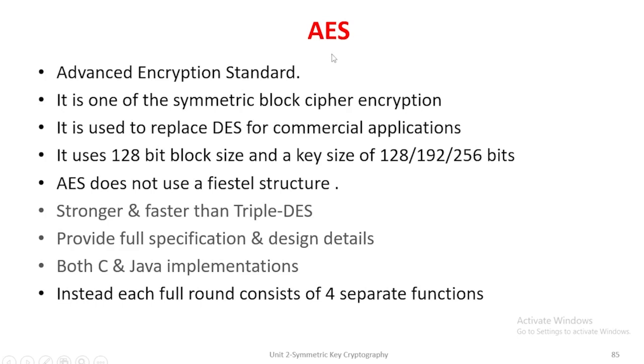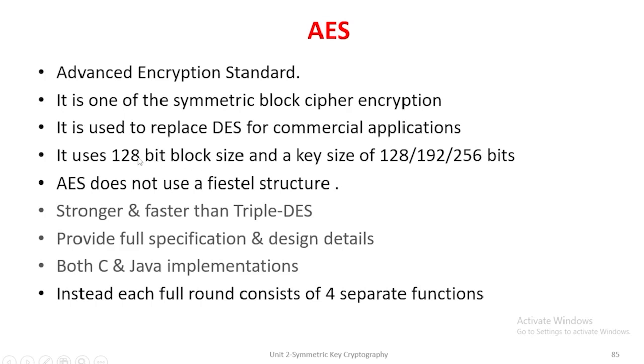The basic design features of a symmetric block cipher are plain text size, key size, number of rounds, subkey generation algorithm, and round function. So these five concepts are also applicable in AES. The only difference is that the plain text size and key size will be varied.